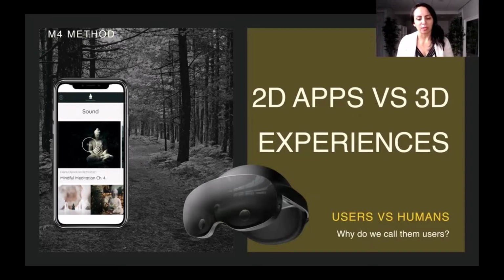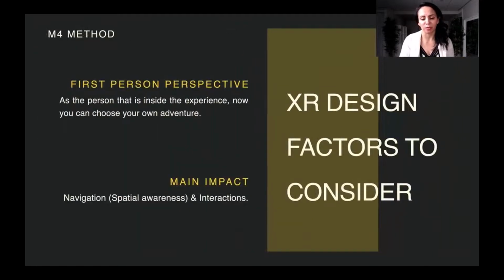Here is where we have the discussion about users versus humans, and why do we call them users anyways. So at the intersection of all of this shift that is happening, these are important considerations that we have when we're discussing what type of technologies are coming and how we're interacting with these technologies and our responsibility in that.